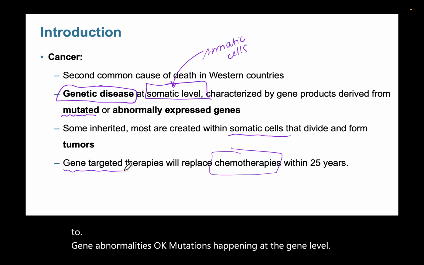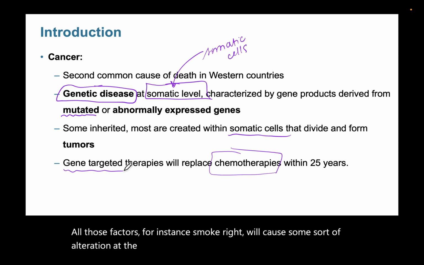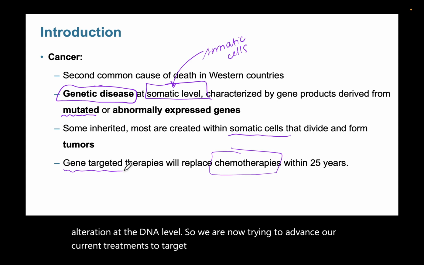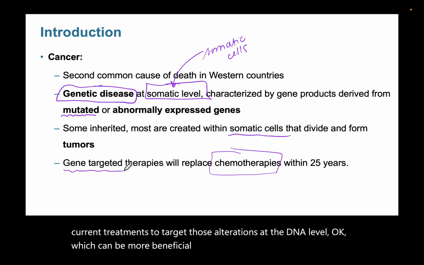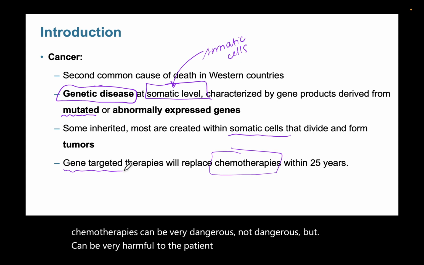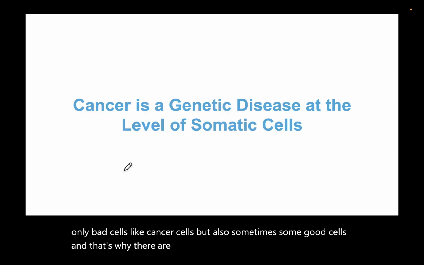All those factors, for instance smoke, will cause some sort of alteration at the DNA level. So we are now trying to advance our treatments to target those alterations at the DNA level, which can be more beneficial because, as you might be aware, chemotherapies can be very harmful to the patient. They end up killing not only bad cells like cancer cells, but sometimes also good cells, and that's why there are so many side effects.